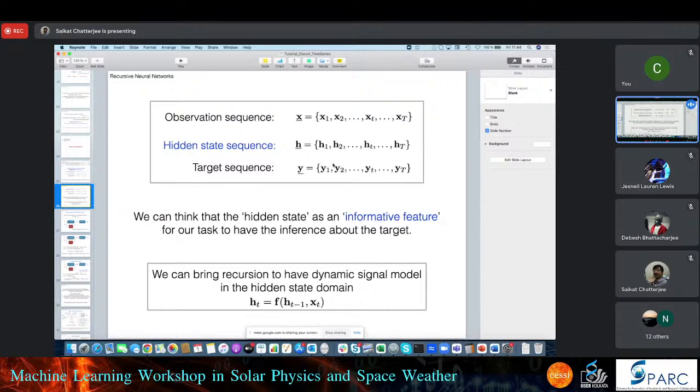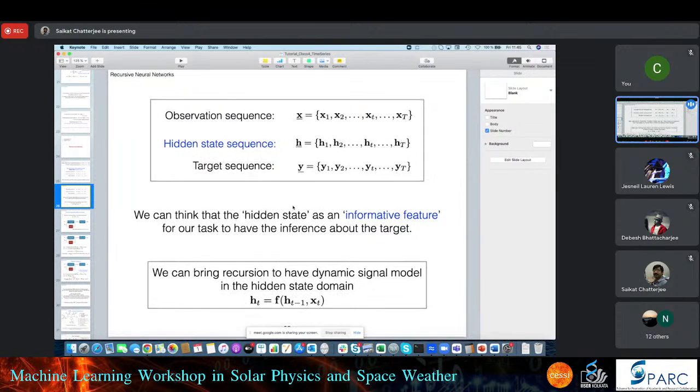So H is such a thing. This hidden state sequence is a conceptual thing which we bring in and believe is an informative feature from X, so that information from X is kept inside my hidden state sequence H. And so I will go from H to Y instead of directly going from X to Y. But H will come from X for sure.